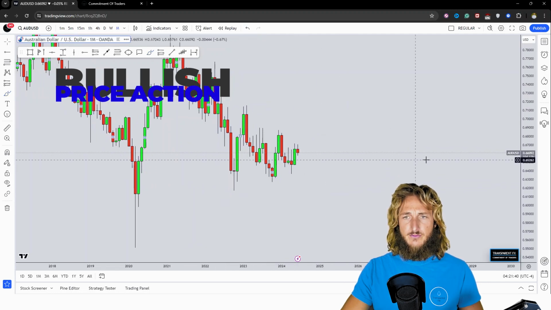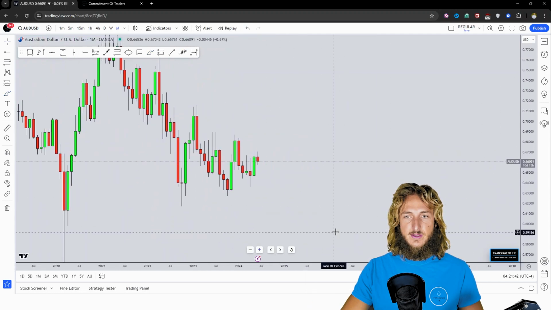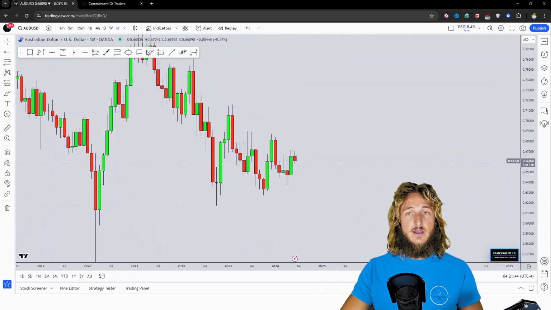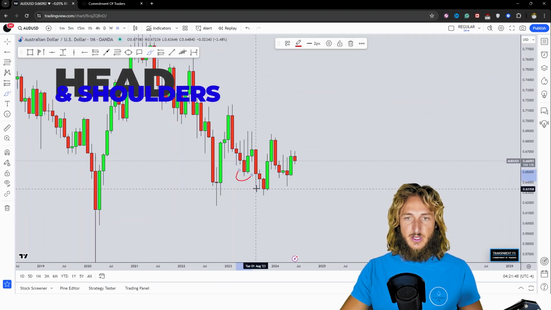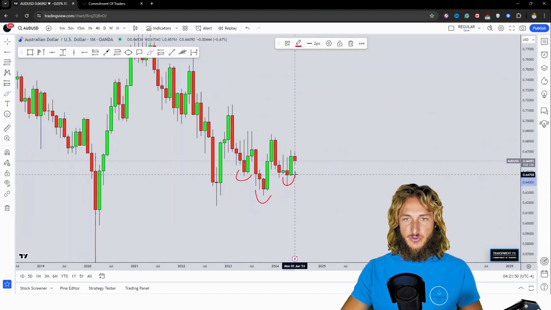We can also notice, if we look into the most recent price action, that the market here has been creating an inverted head and shoulders. We have the left shoulder here, the head here, and the right shoulder here.